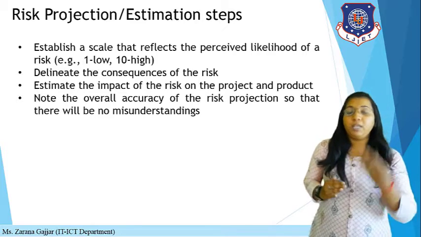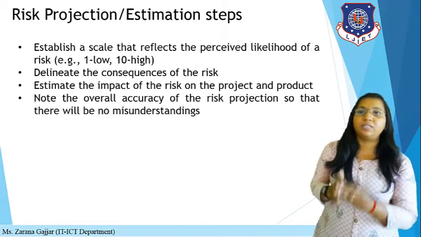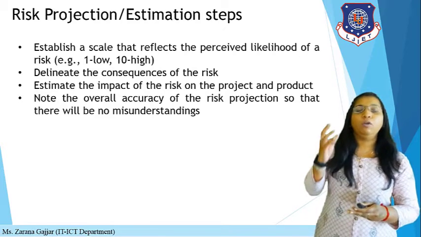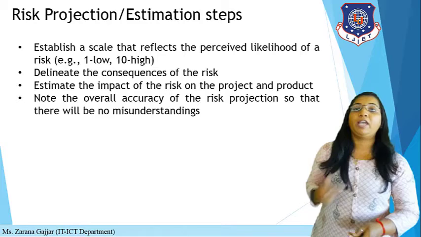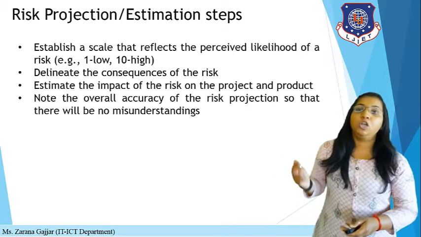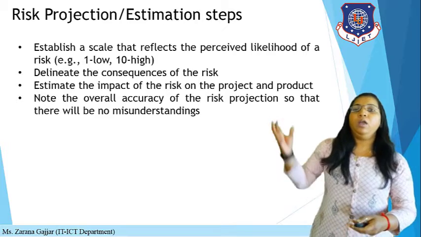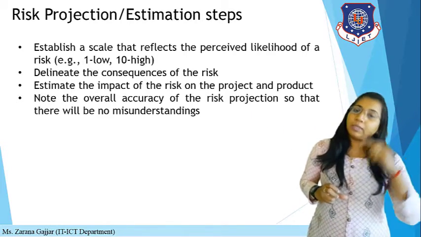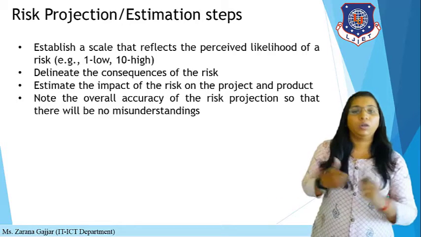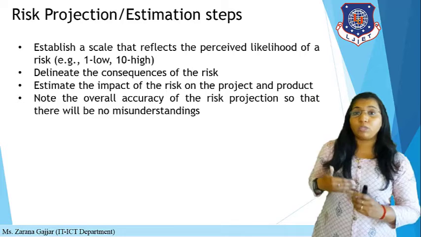So what is the impact? It means low impact or high impact. You have to estimate the impact of the risk for the particular product. And here you have to note the overall accuracy of the risk projection so that there will be no misunderstanding. If one team member gives a risk and the same risk is given by another team member, then a conflict occurs and it also leads to an increase in cost.